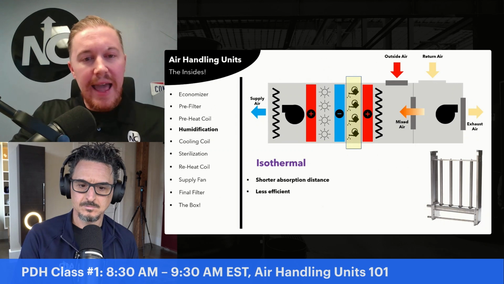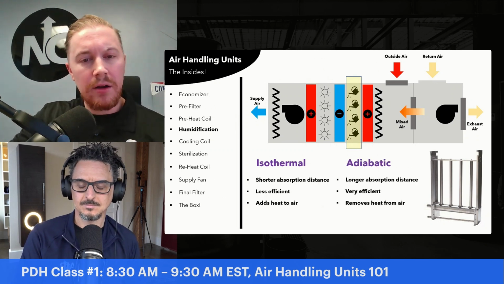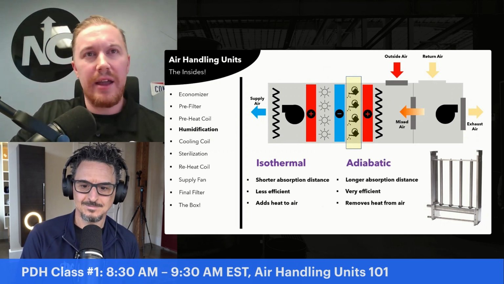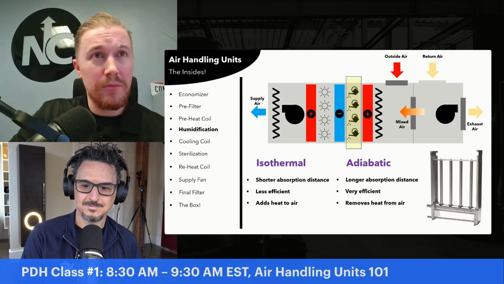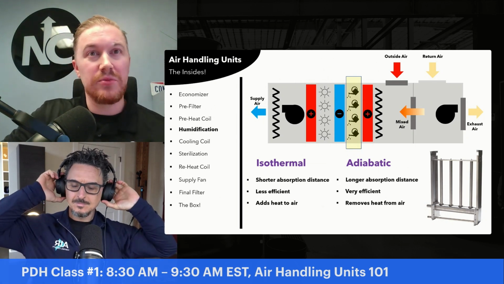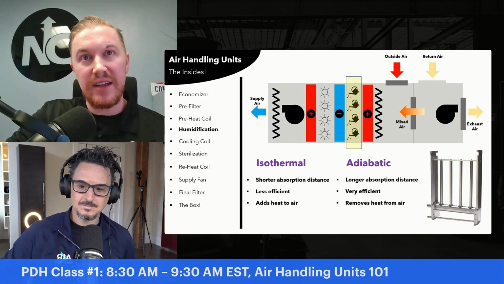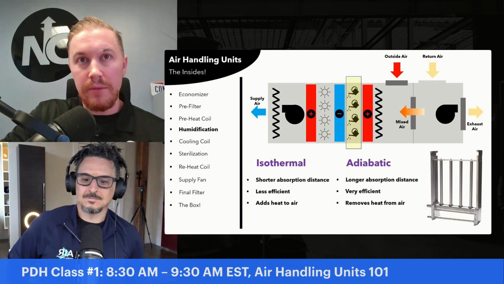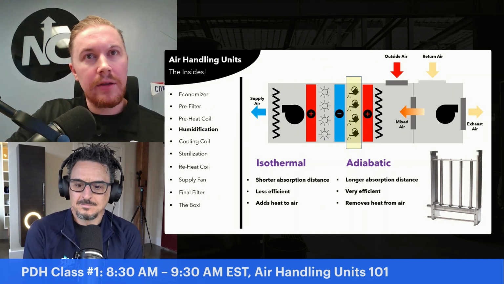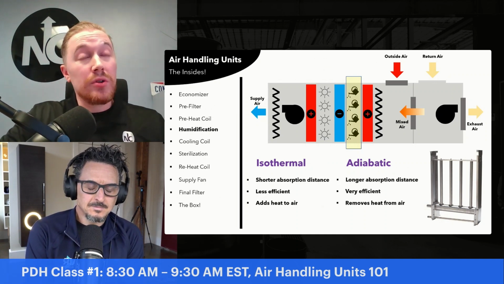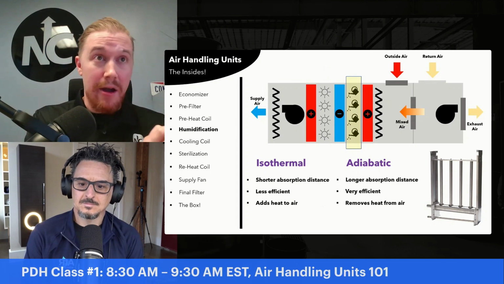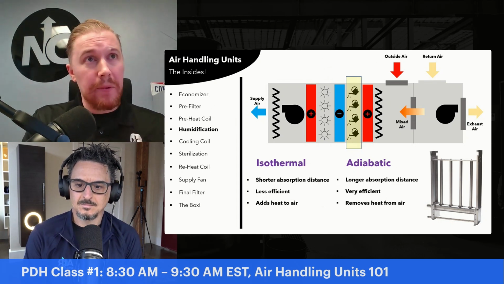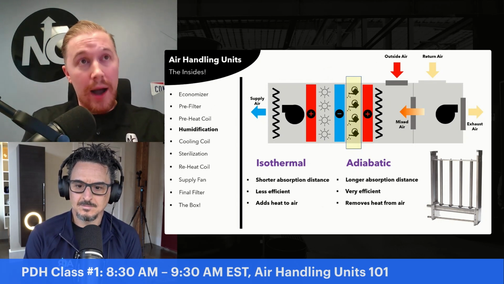Okay. And towards the end here, we might see humidification in the air handling unit. Isothermal and adiabatic are really the two options we have when it comes to the technology style of the humidification equipment. Adiabatic being when we utilize the energy from the air to evaporate atomized liquid water.